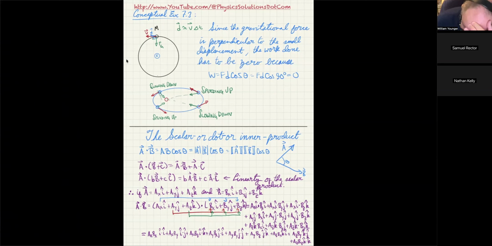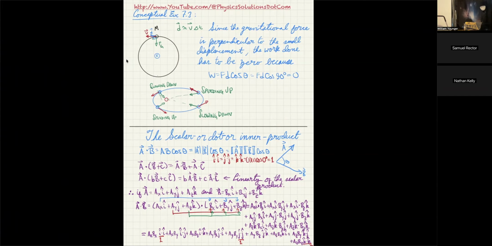Since A dot B is A times B times cosine theta, i hat dot i hat is equal to j hat dot j hat is equal to k hat dot k hat, all of which equals 1 times the cosine of 0 degrees, which is just 1. So whenever you have i hat and i hat, that's 1. Whenever you have j hat and j hat, that's 1. And whenever you have k hat and k hat, that's 1 as well.